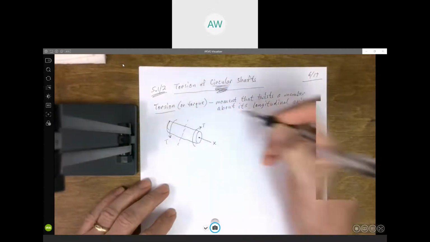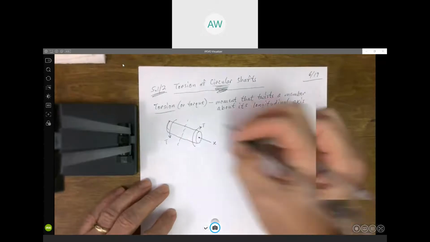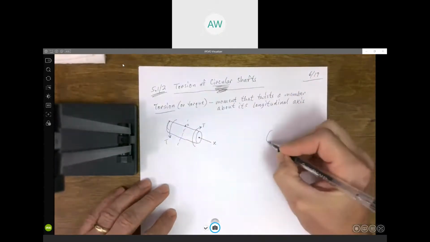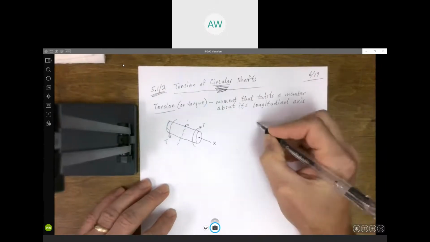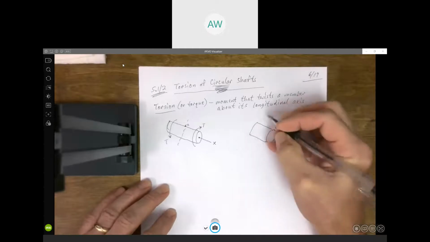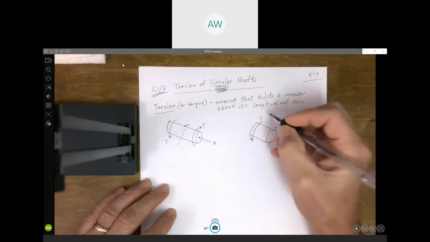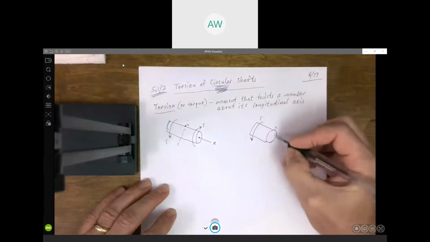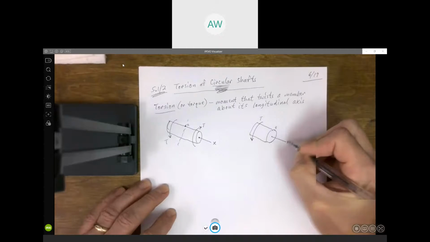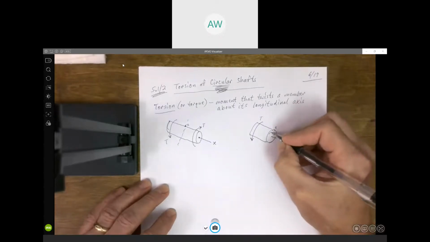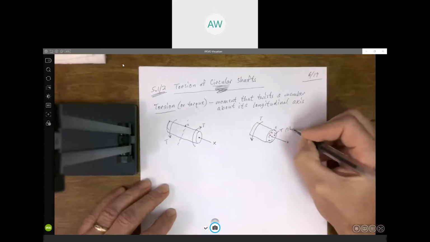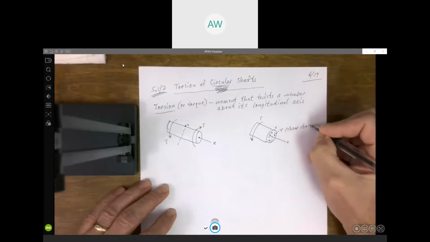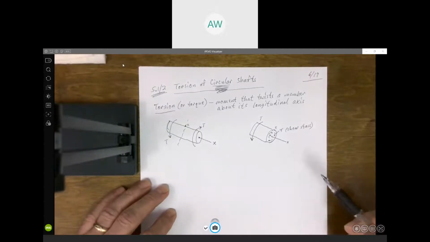And so if we cut this thing and look at that cross section, maybe say this is here at A. So if we're looking at this cross section here where we cut it, so we've got this torque, and when we look at this cross section, we're going to see a shear stress tau acting on that cross-sectional area.